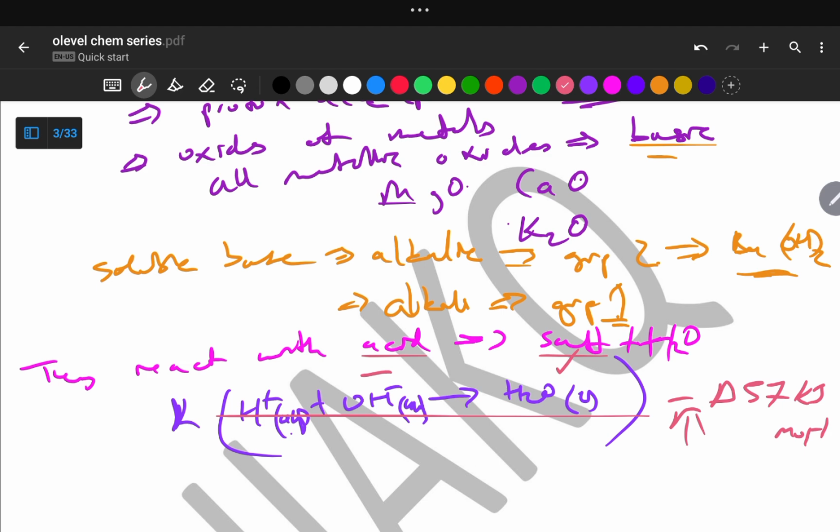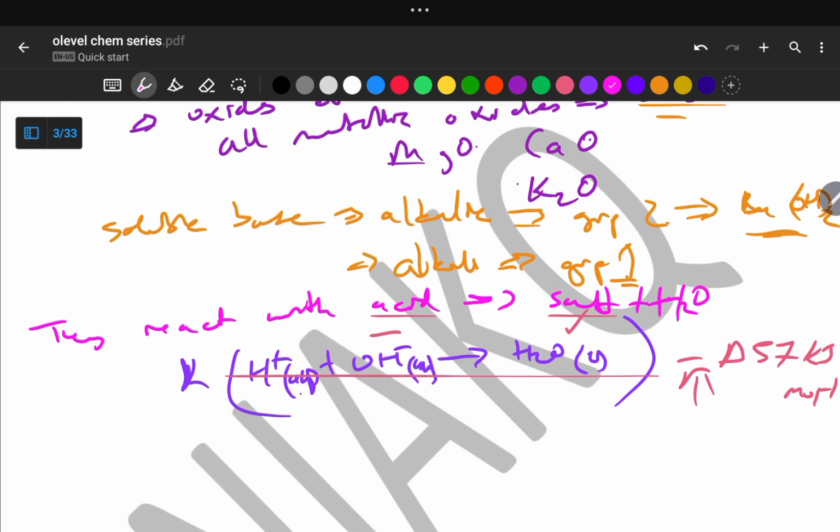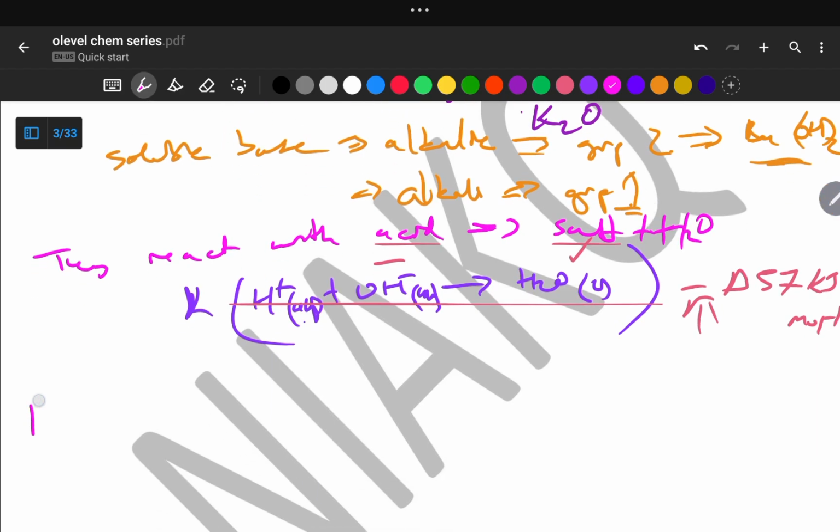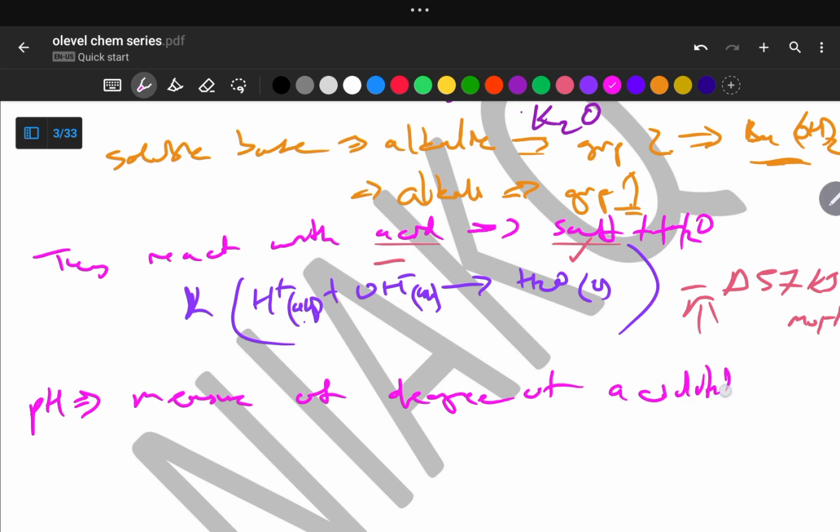And then we also need to define the term pH. So pH is defined as the measure of a degree of acidity or basicity of a substance.